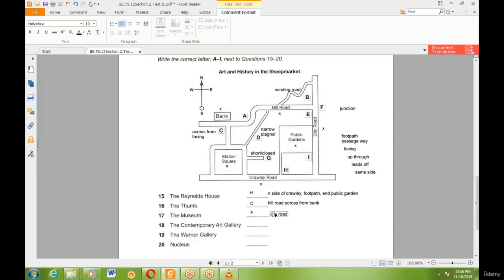City Road. Facing the junction. Where's the junction?